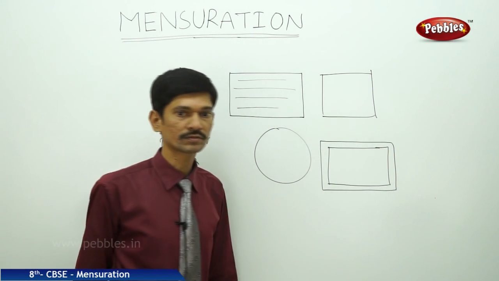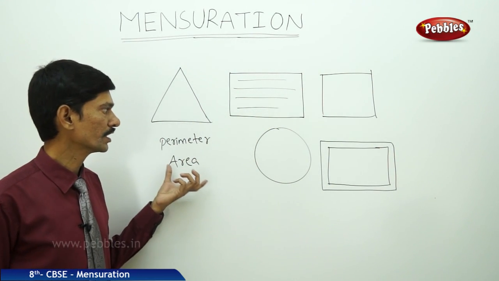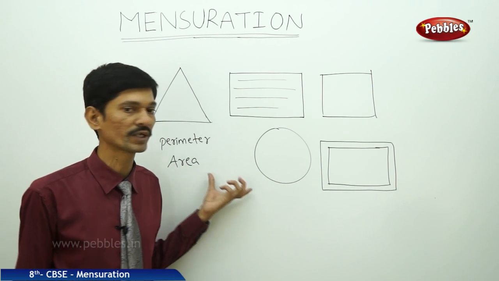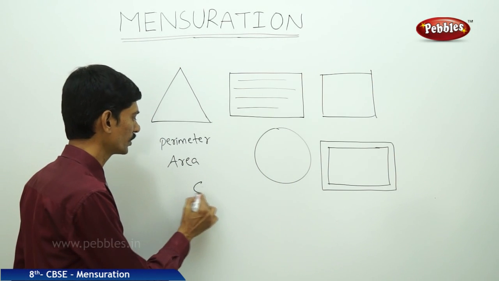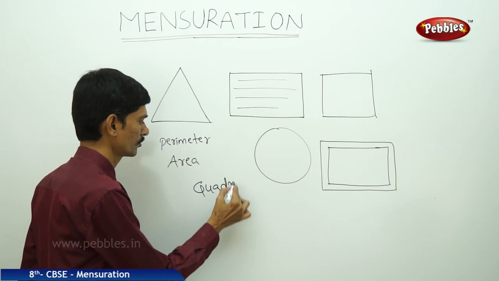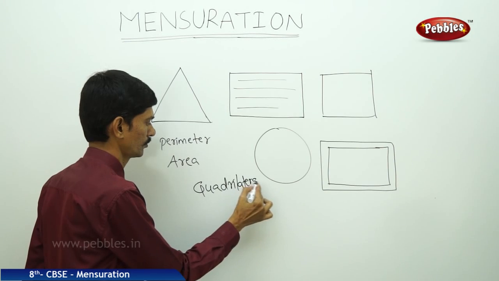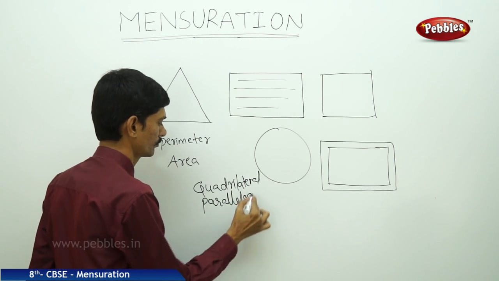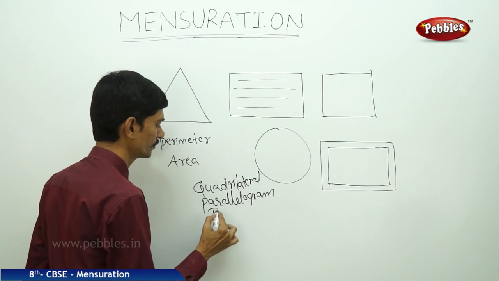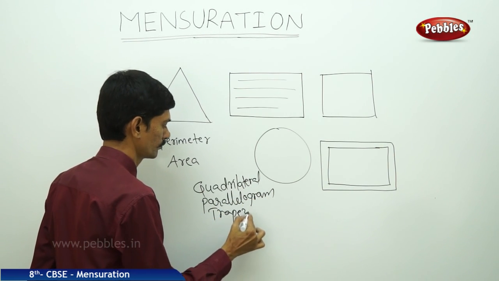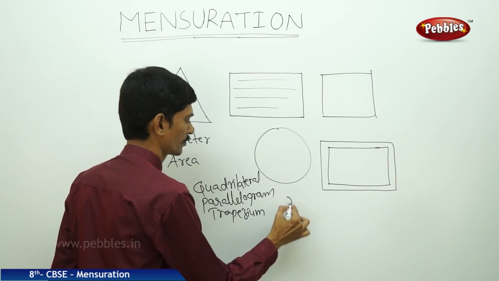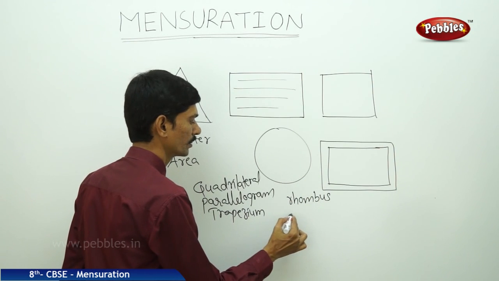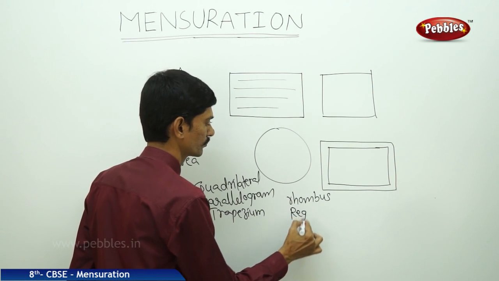Now in this class we will learn about the area and perimeter of some other simple closed figures, plane figures like quadrilateral, parallelogram, trapezium, rhombus and regular polygons.